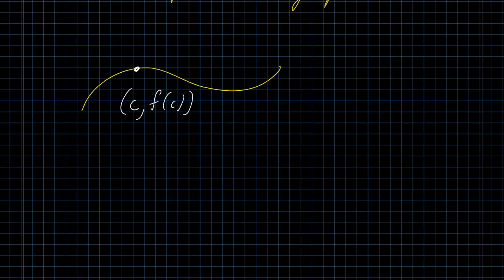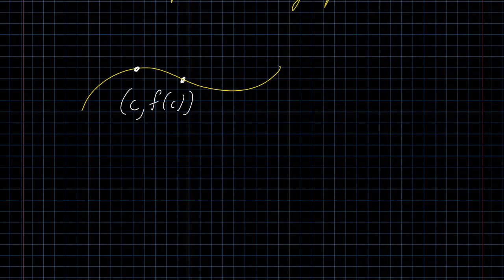So if I think about my arbitrary curve here and a couple of arbitrary points. Let's go with this point first of all. Let's give this point x coordinate c, and then its y coordinate will be the value of the function at c.